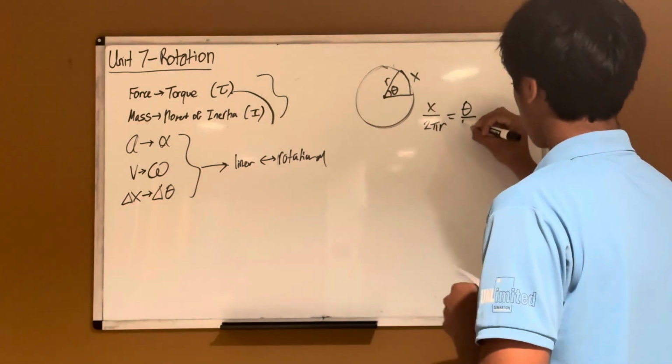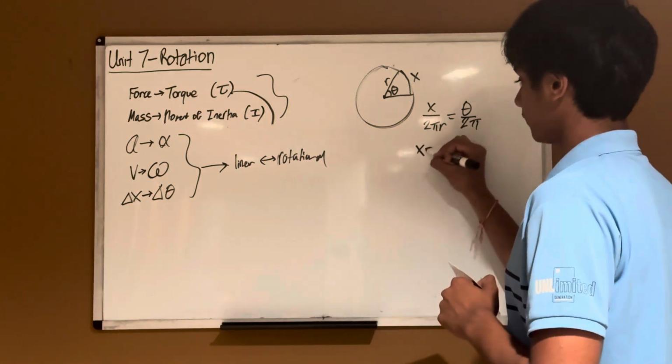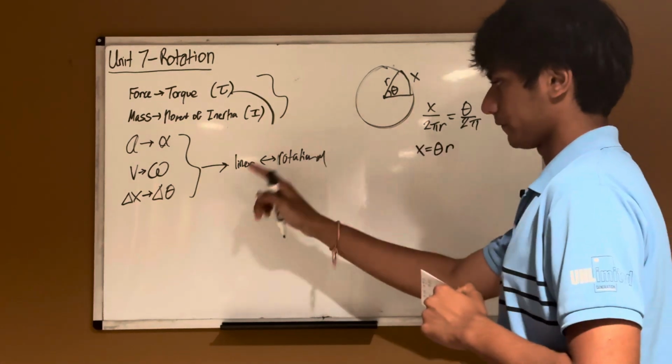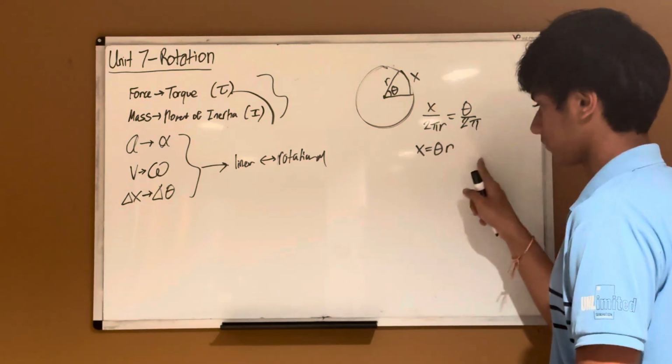If we multiply by 2 pi r, we get x equals theta times r. And this is one of our translations, linear to rotational. Linear x is equal to theta times r.